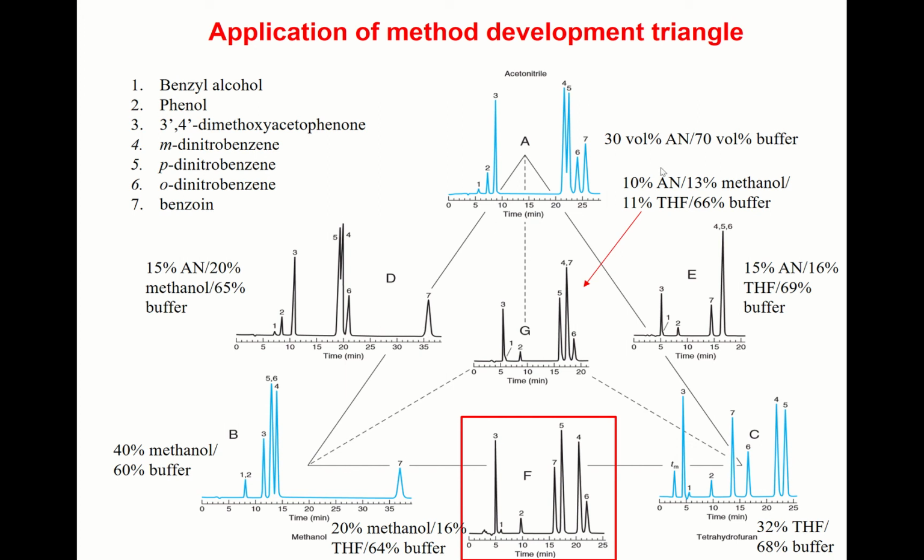How do we do that? Well, since the aqueous buffer is common, if you add these two solvents by equal amounts, then as the acetonitrile is diluted, its volume percent becomes half of it, so 15%.